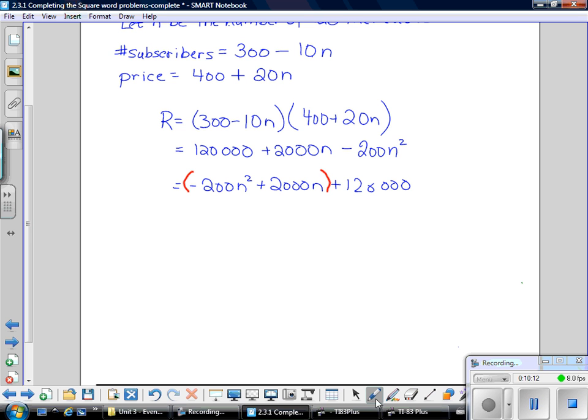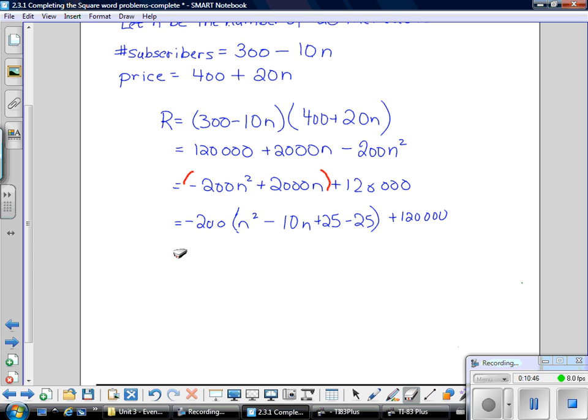All right, so when I take out a negative 200, what I end up with is n squared and minus, watch your signs again, minus 10n. And then we're going to add half of the negative 10 squared, which would be 5 squared, which would be 25. I can't just add 25, I have to subtract 25. And I also have my positive 120,000.